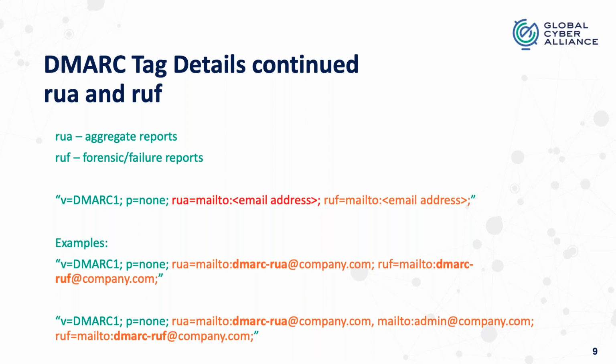You put in RUA equals mailto: the first email, comma, mailto: the second email, comma, mailto: the third email, semicolon, and the same thing with RUF if you want to send to multiple addresses. So you separate each email using a comma, but you use mailto: before each email address. And don't forget the semicolon to end the tag.